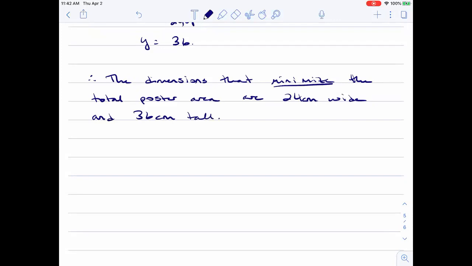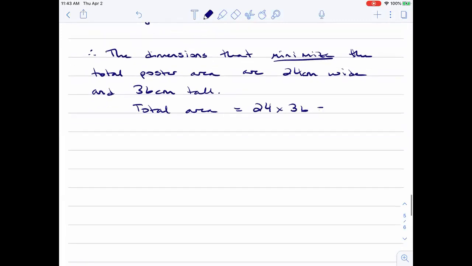And the total area would be 24 times 36, so 864 centimeters squared. It didn't ask for that total area, but sometimes it's just nice to wrap it up.